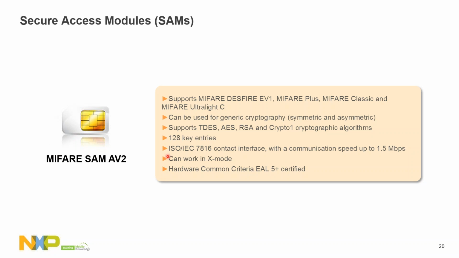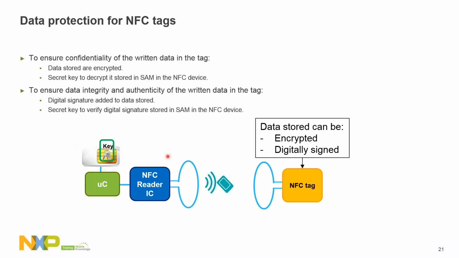Very well, excellent. Another need around data exchange is to protect the data that is stored on an NFC tag. And remember, when evaluating the different architectures of NFC-enabled devices, we have seen that NFC tags are passive devices that are able to store data in the EEPROM memory, which is accessible through the NFC interface.